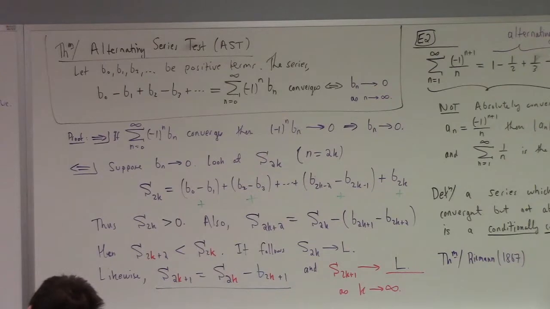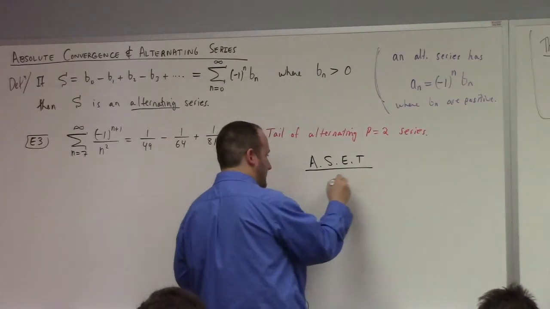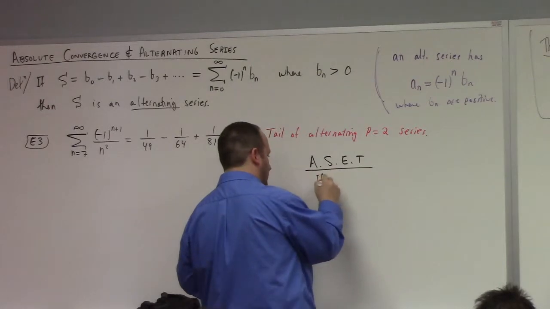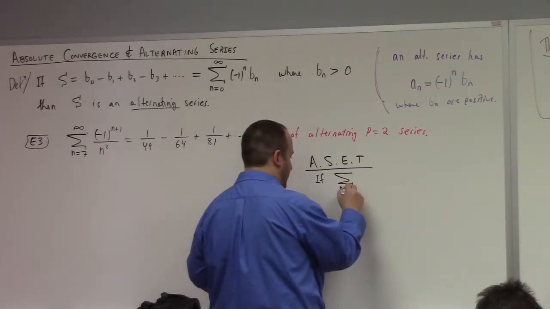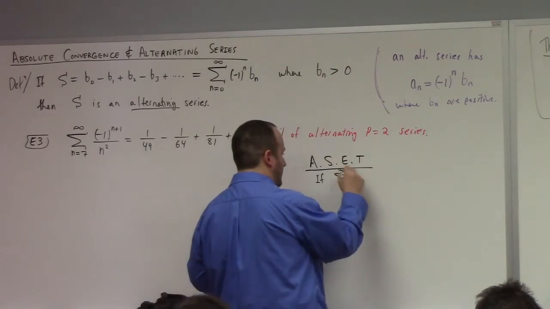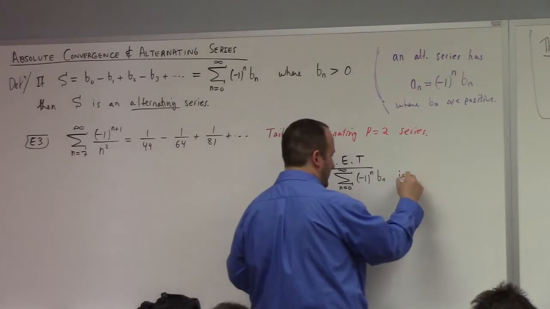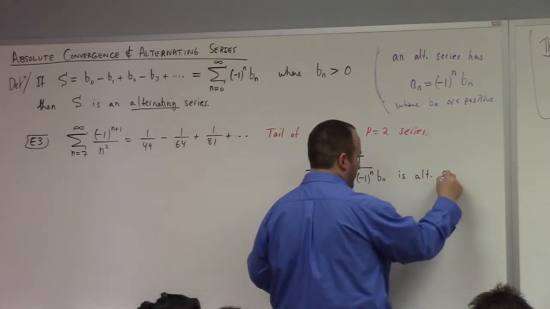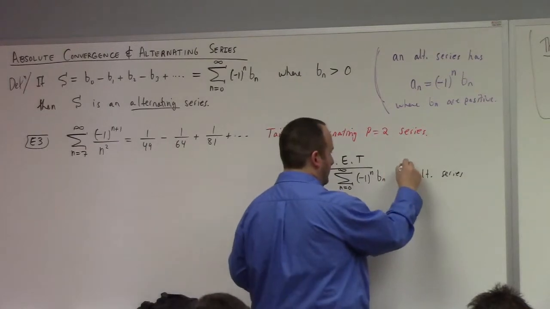Here's the alternating series estimation theorem. It says the following: if the sum n equals 0 to infinity of minus 1 to the n, b sub n is an alternating series, let's say convergent.